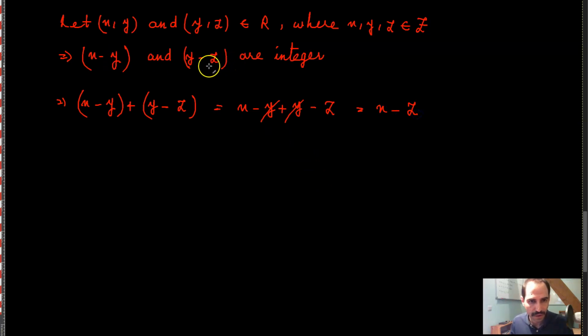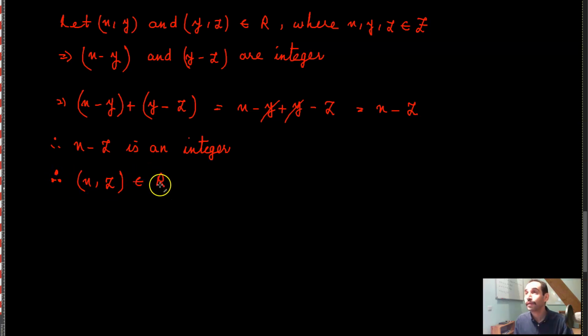So I have two integers here, x minus y and y minus z, and I have added them together. So of course I will get an integer. When you add two integers together, you will get an integer. That means that x minus z is an integer, which means that x comma z belongs to R, and therefore R is transitive.